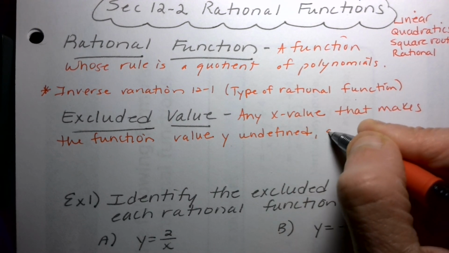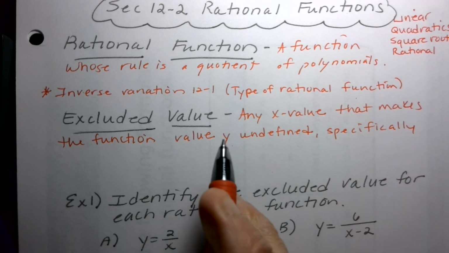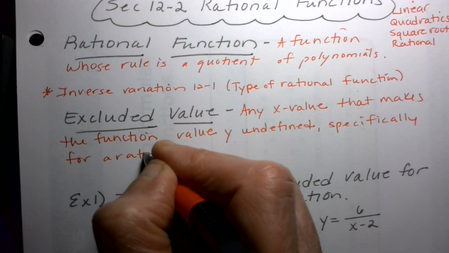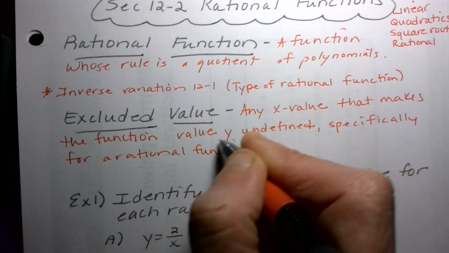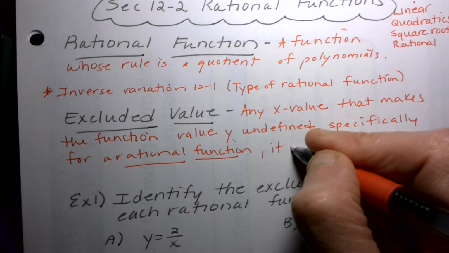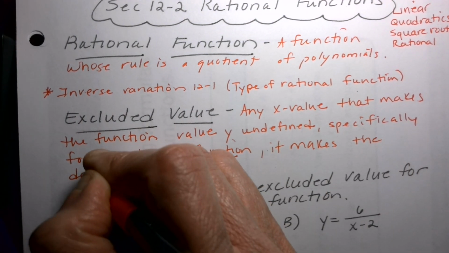Specifically for a rational function, which is the one we're going to be talking about in this section, it makes the denominator 0.